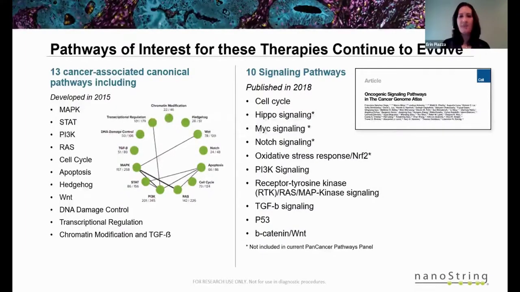And as you can see, they published a number of these pathways, and many of them were not even included in that Pan-Cancer Pathways panel, owing to the fact that oncology as a field continues to move, and the number of pathways and diversity of pathways we consider for targeted therapies continues to develop and evolve.